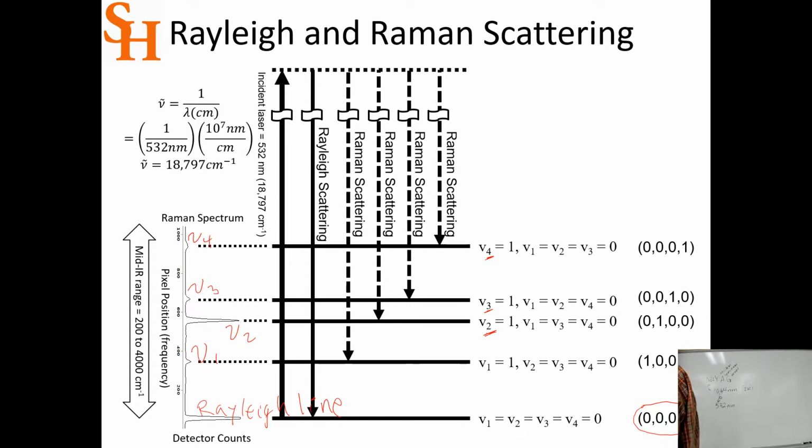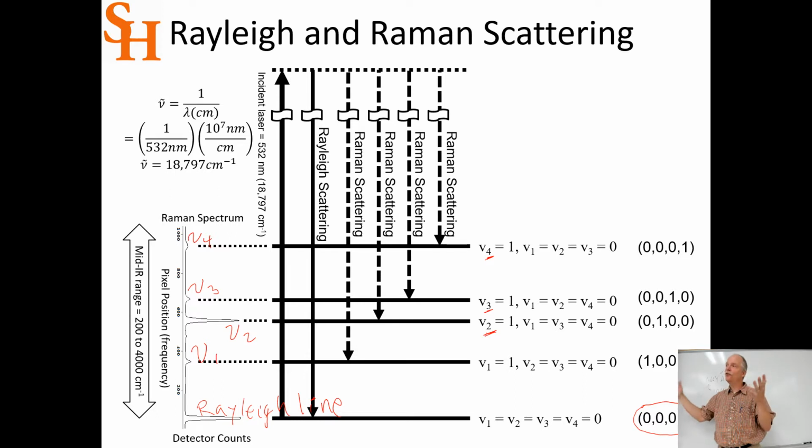Now, why are the intensities the way they are? So you're like, nu 4 is such a tiny one, and nu 3 is tiny, and nu 2 is huge. That's that transition moment integral. So when you took the wave functions for the ground state and the excited state and light and integrate that over all space and square it, you get the probability of that event happening. And so there's something about nu 2 that's more probable than all the others.